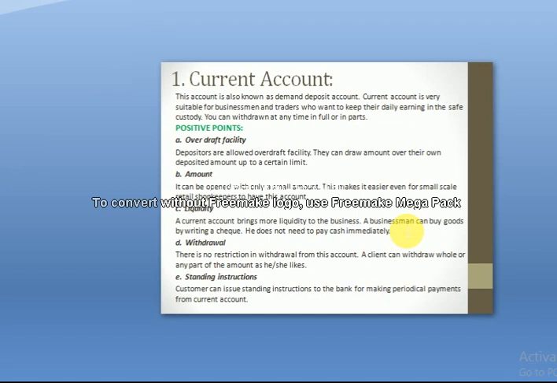As you know, dear students, under this account, limitless withdrawals are allowed in line with the cash transaction fees. A small transaction fee is charged when we withdraw more than the limits.